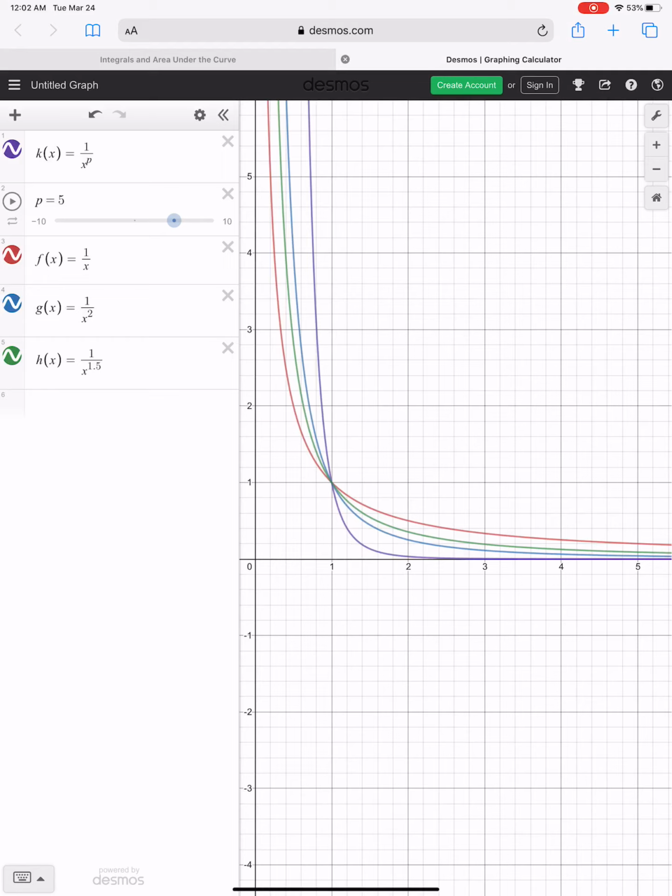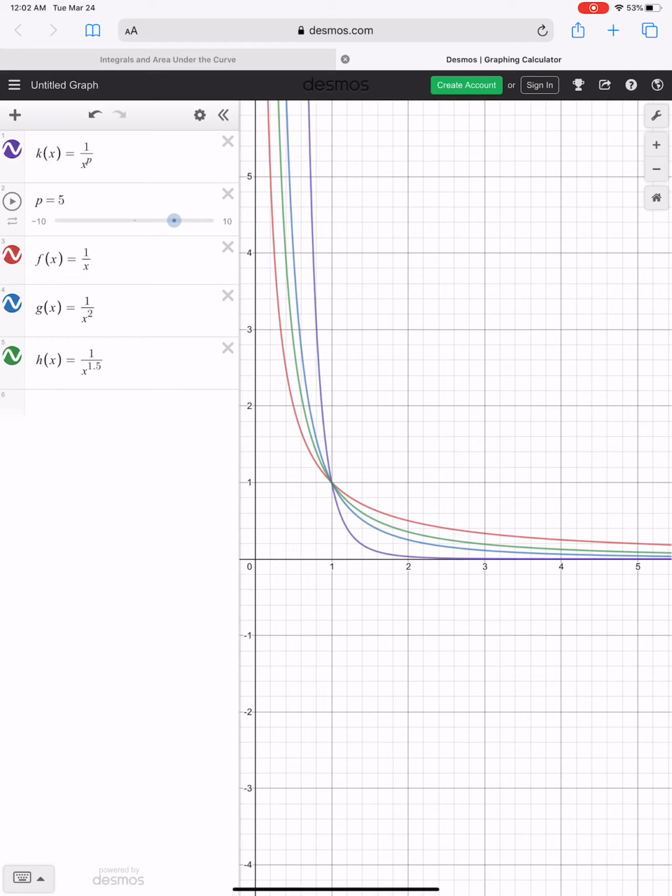I'll just point out here, I'm asking you to think about varying p. In the first question, I'm asking you to think about the integral from 1 to infinity. In the second question, I'm asking you to think about the integral from 0 to 1.